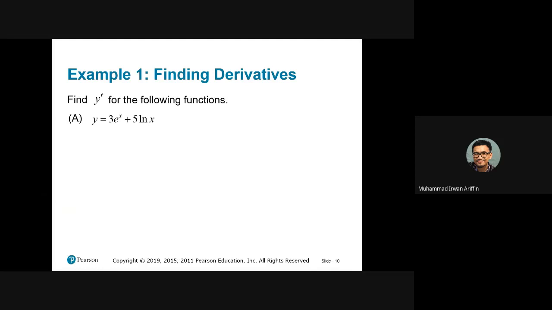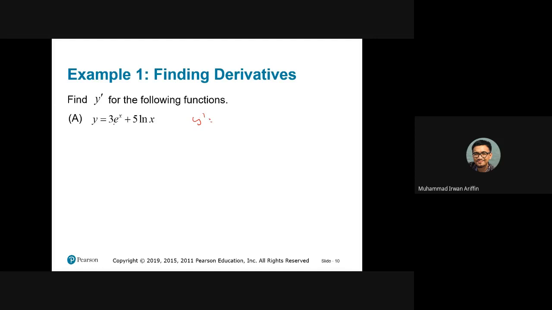I'm going to leave the examples to you, because once you familiarize yourself with the shortcuts to find the derivative for exponent and natural log, everything would be easy. So maybe we'll just do this together. How do we find y prime?